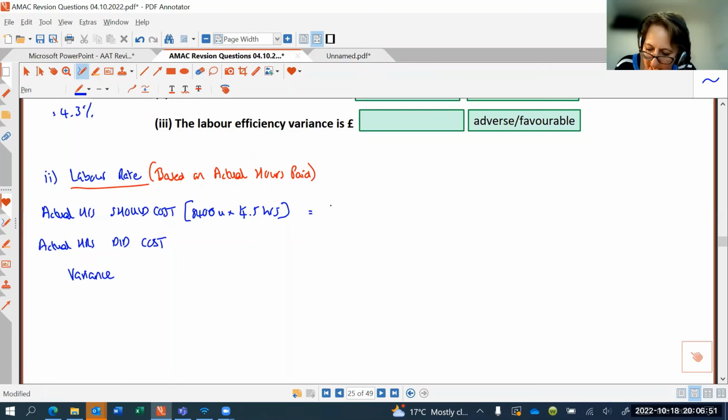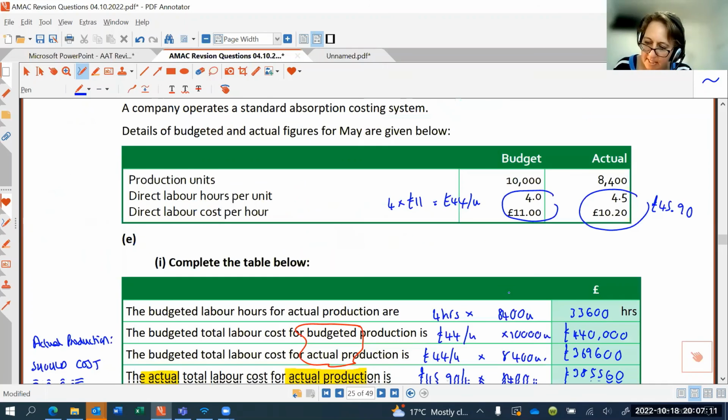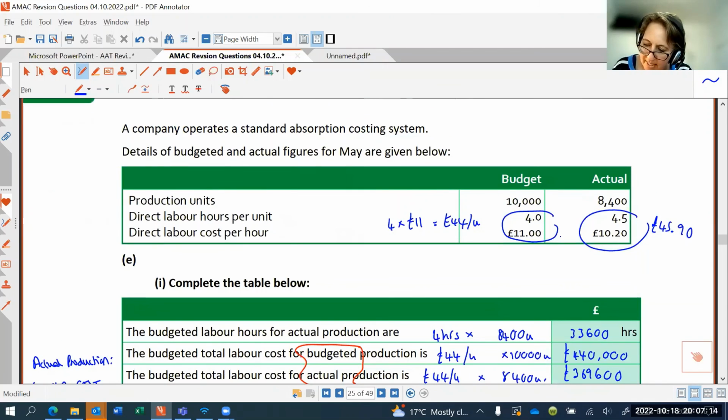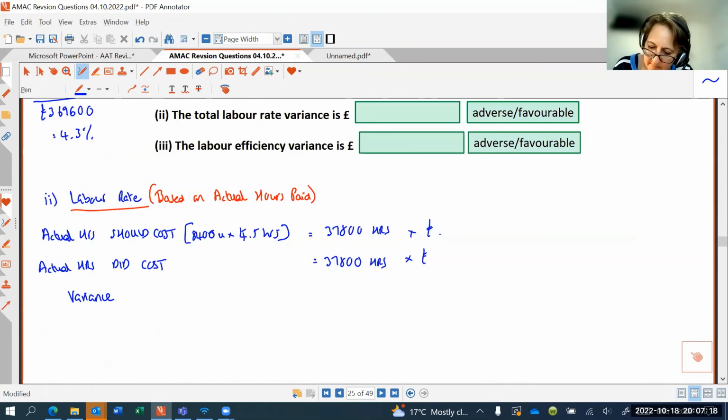That will tell me how many hours were actually paid. And then I'm going to say what should they cost and what did they cost. Well, the table gives me the numbers I need. They should cost £11. They did cost £10.20.